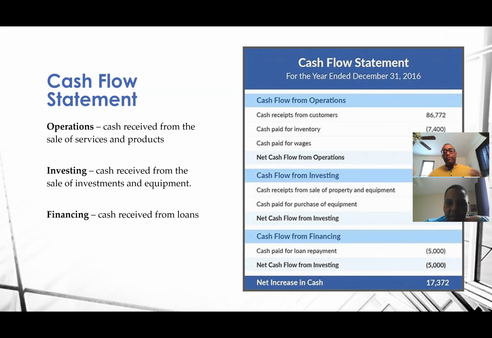So that's why you have receivables, payables, and things like that, and loans. So the income statement is more inclusive. It's a better picture of the operation of your business. But at the same time, you can't be running a business if you don't have cash. So what the cash flow statement does is take that income statement and convert it to how the cash flowed through your business.